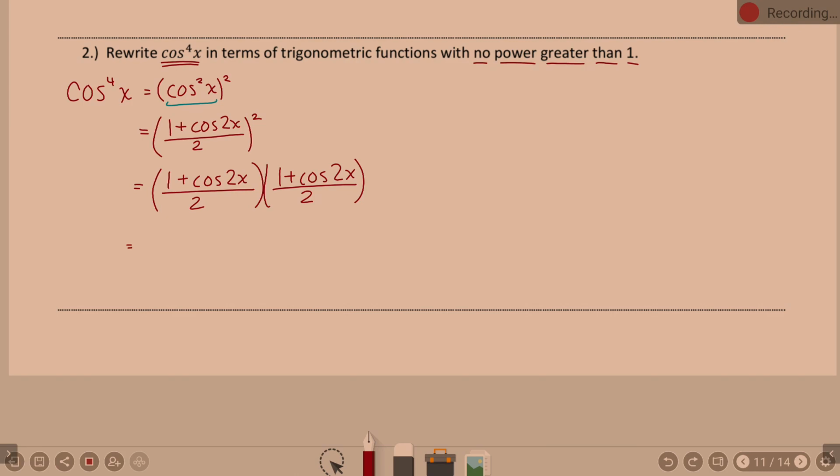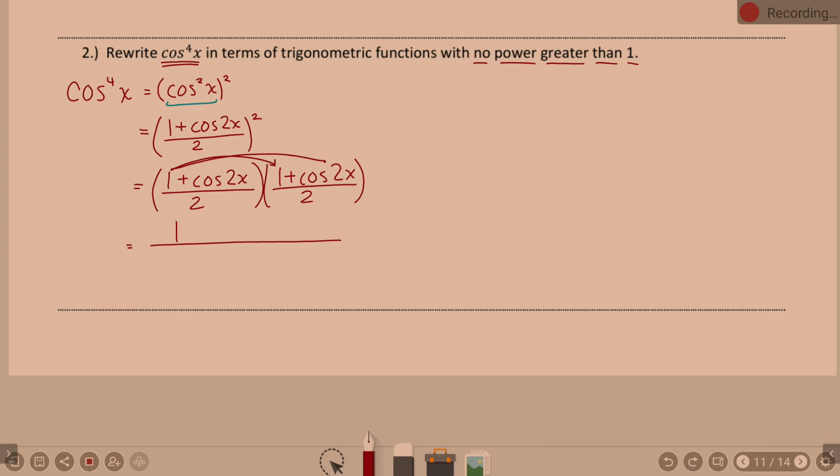On top, are you ready? 1 times 1 is 1. Now we're going to look at the outsides. 1 times cosine 2x is cosine 2x. Can I hold on to that one for a moment? Because then what happens with my insides?